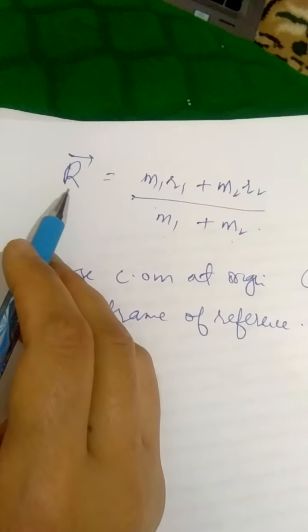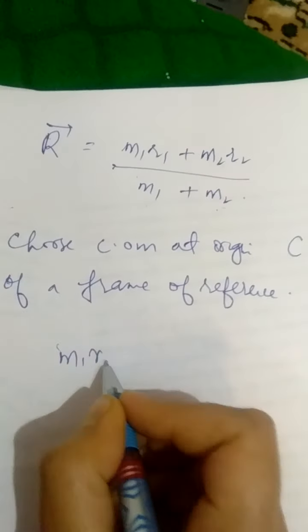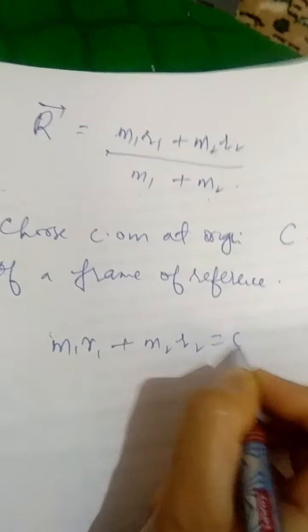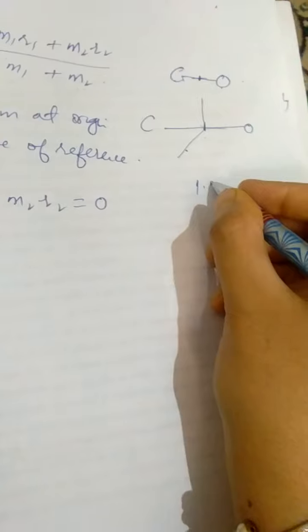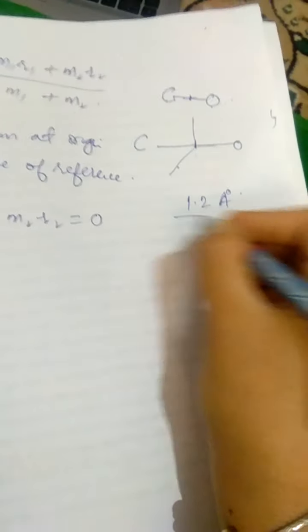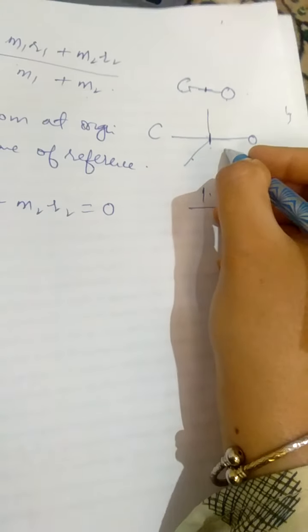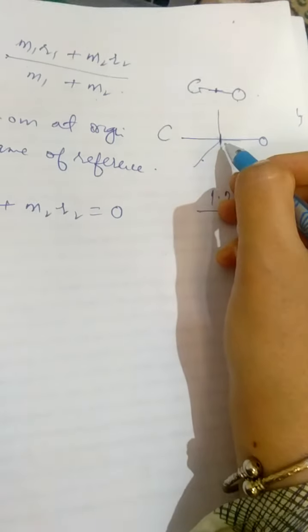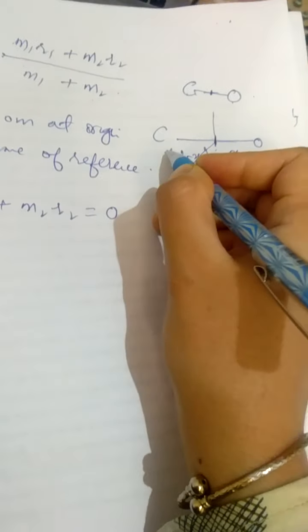Once I choose this at the origin, R is 0, right? So m1r1 plus m2r2 is equal to 0. Now, it is told that the distance between the carbon and oxygen atoms is 1.2 angstrom. Suppose the distance of the oxygen atom from the center is x, therefore obviously the other distance is 1.2 minus x.